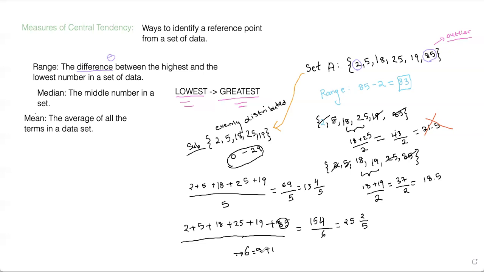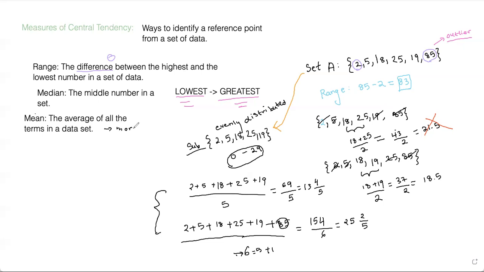Okay, so first of all, let's just understand what mean is, right? Mean is just the average of a set. But let's actually understand what happened between these two sets, and the reason why sometimes median is preferred over mean. I'd like to acknowledge first that mean seems to be more precise, right?